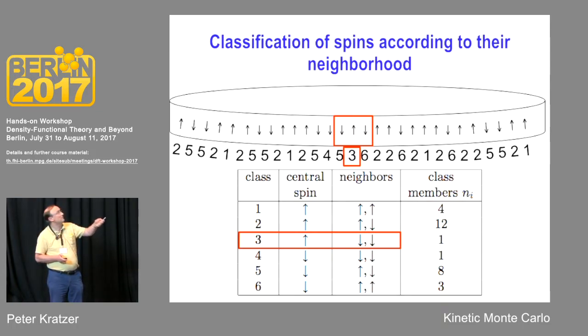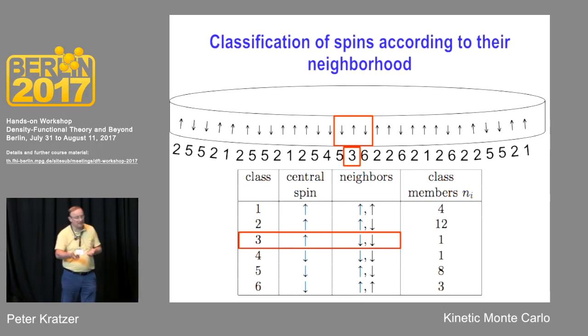For example, beside you have here configuration 6, middle spin is pointing down, and left and right are pointing up. That would be configuration 6, and this appears 3 times in the sequence. So you have such a coding, and now each particular class of configurations can be associated with a certain rate of changing the configuration. So you want to flip the middle spin, and the probability of doing that is given by some rate.